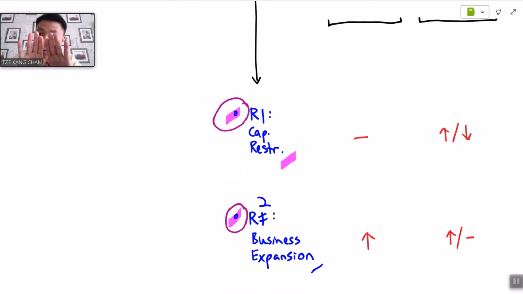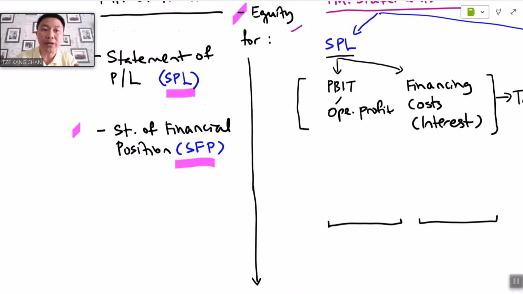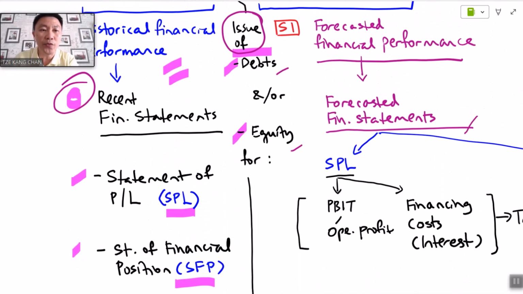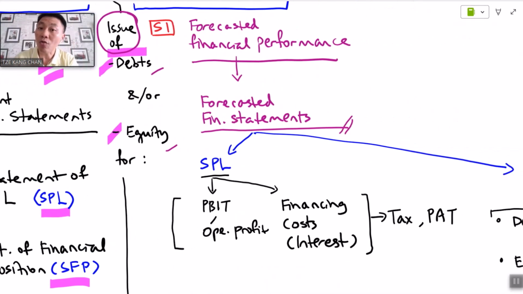Try to incorporate both of this information as a basis to construct the forecast financial statements, which again are made up of the statement of profit or loss. Guys, the statement of profit or loss in the exam questions mainly offers an extract of information, normally starting with profit before interest and tax, PBIT in short.